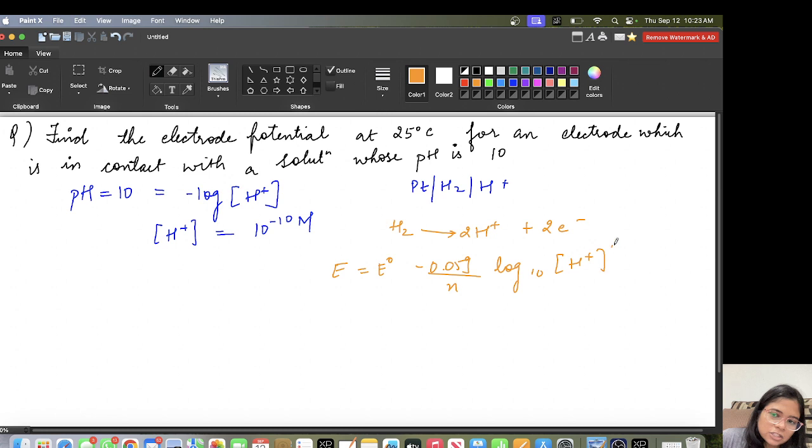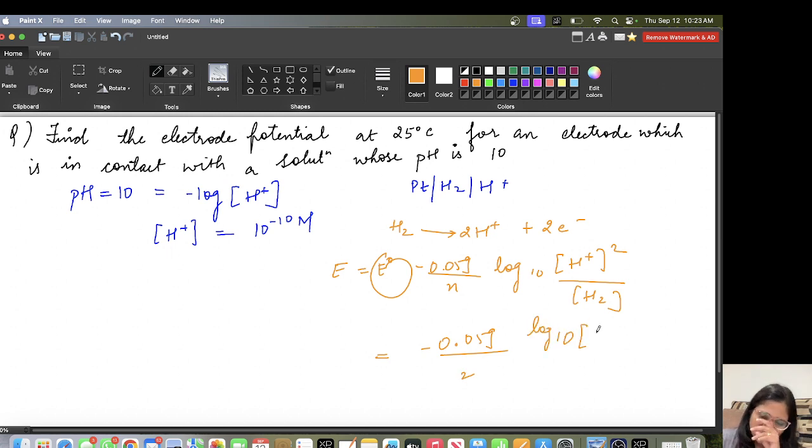What is the product here? H2, and here you have H+ raised to the power 2. H2 is definitely 1, and E naught is 0. So minus 0.059 by n. How much is n? n is 2. Log base 10. H+ concentration is 10 to the power minus 10, squared, and H2 is 1.